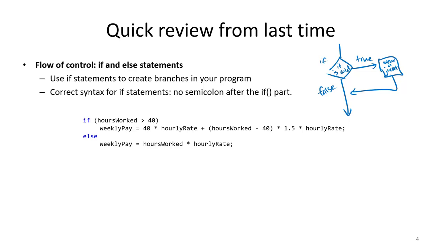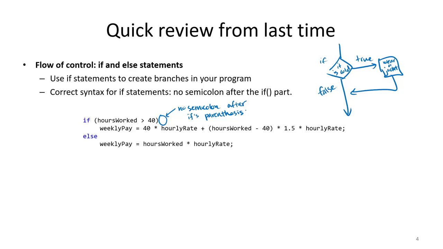And notice the syntax for if statements. You may remember we covered how we do not want to put a semicolon right after the parentheses of the if. Remember that the semicolon marks the end of a C++ statement.